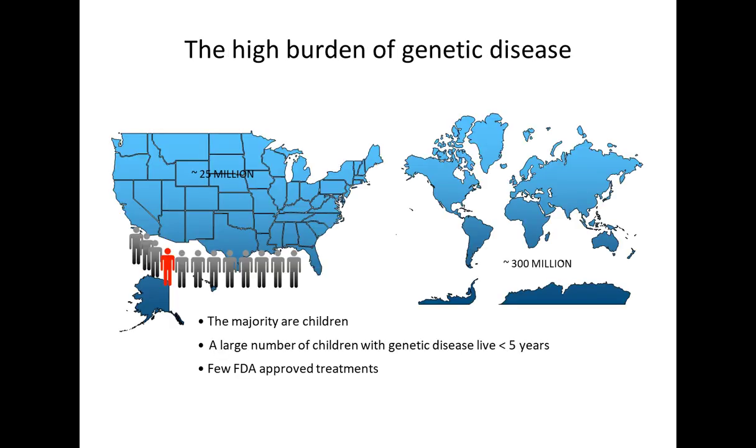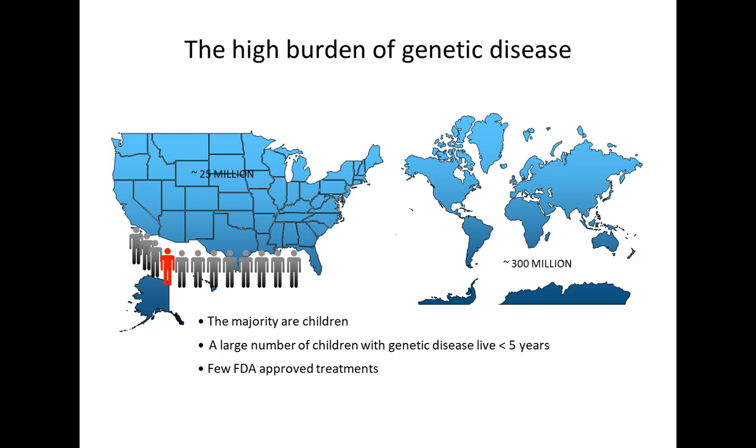While I mentioned that we are talking about therapeutic implications in several domains of human health, we will focus here on the use of these genetically modified hematopoietic stem cells to treat genetic diseases. And this slide is here to convey the message that genetic diseases are an important medical problem.